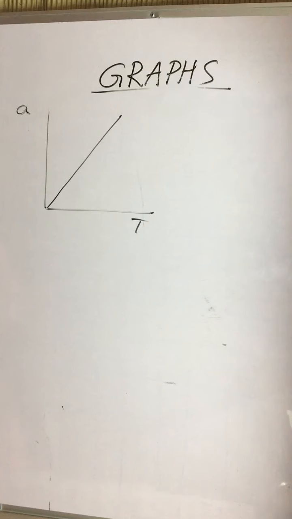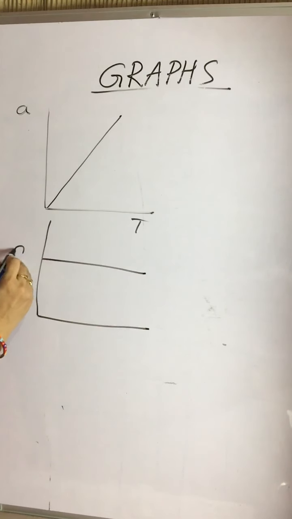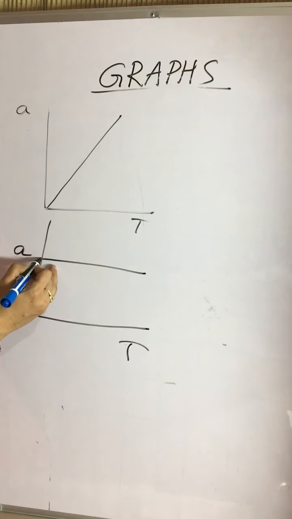means what? The velocity is keeping on changing and the velocity change is increasing. Okay. And what does it say? This is acceleration time. Here you cannot say that the body is at rest. You cannot say the body is moving with zero acceleration. You cannot say, because acceleration is here.